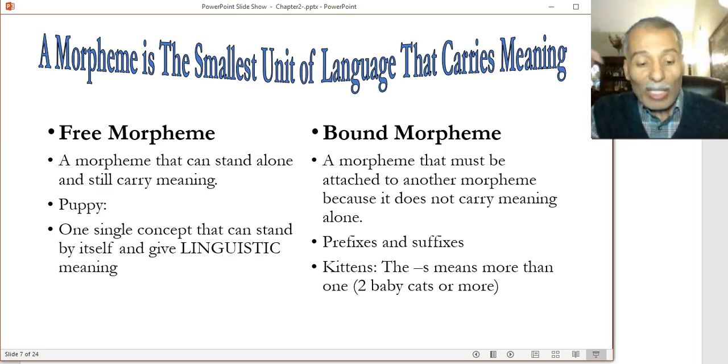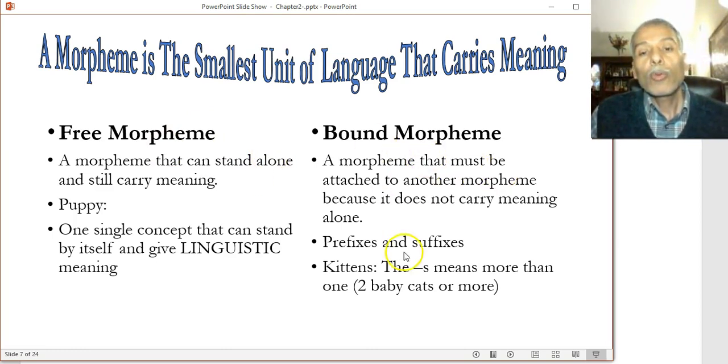So the S here gives you another linguistic meaning. So the word cats has 2 morphemes. The same for kitten. You add an S, it's gonna make it 2. Kitten, and then the S will be more than one of these kittens.